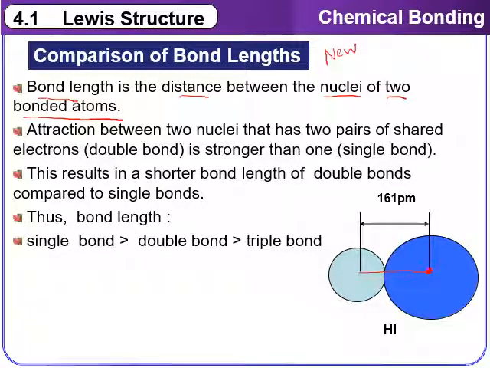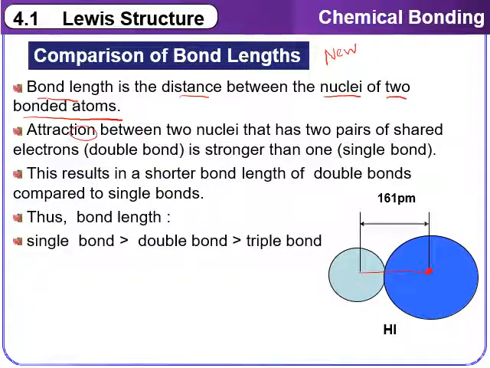It is a bit different from the radius. For the radius, both atoms are hydrogen, and we make it half, so it will be our radius. So basically you will get the idea.